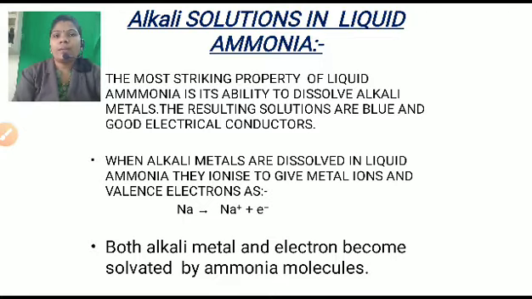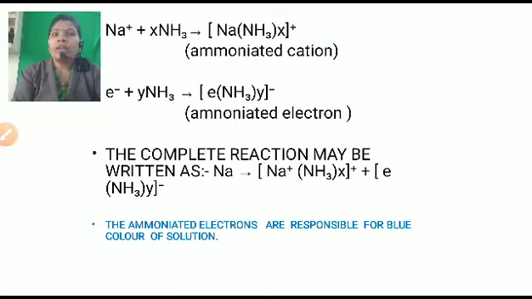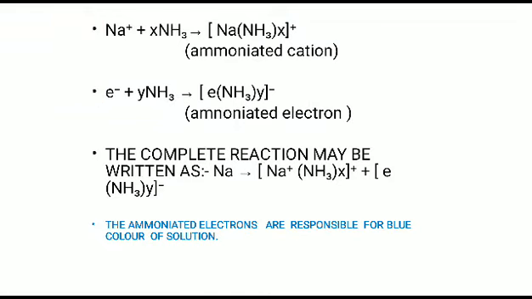If you take the example of sodium, when sodium is put into the ammonia solvent, sodium ionizes into sodium ion and releases a free electron. Both the sodium ion and the electron become solvated by the ammonia molecules.